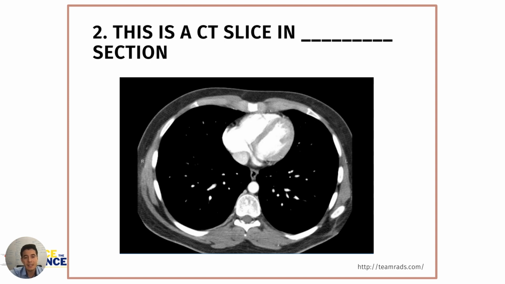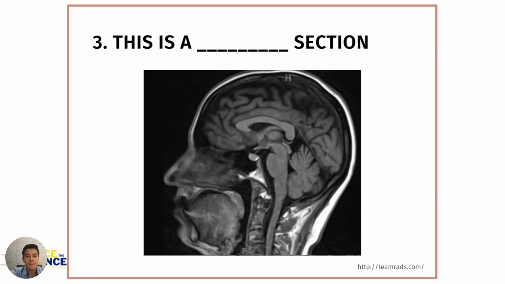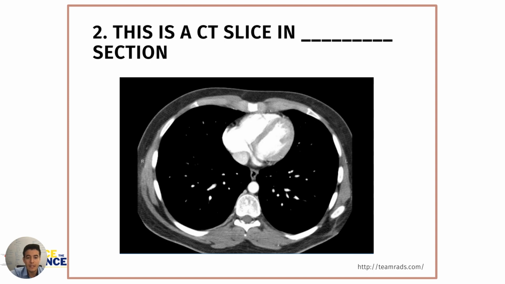This is a CT slice in the horizontal or the transverse plane. And you can see the heart here. So these are the lungs. And you can see some ribs over here on the sides and the vertebrae posteriorly. So this is anterior, and then down here is posterior.